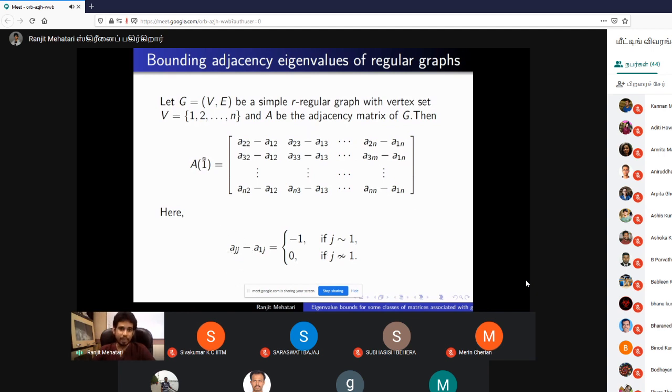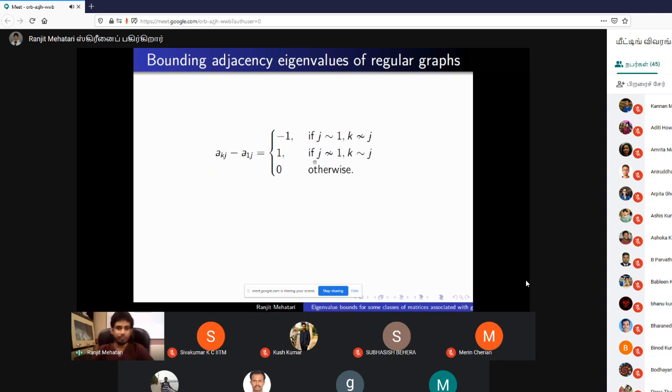So the diagonal entries of A_1 will be minus 1 if the vertex j is connected to 1 by an edge, and 0 otherwise. So here we have two possible centers for those Gershgorin disks: one at minus 1 and another at 0.